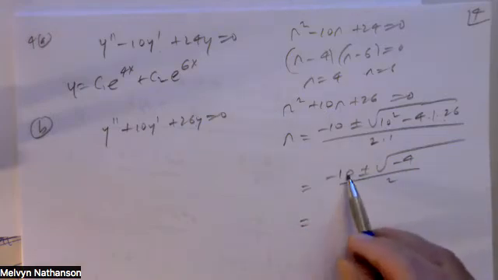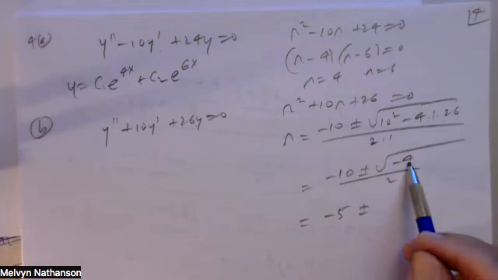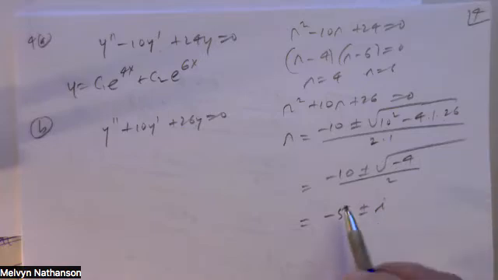Minus 10 over 2 is minus 5. Square root of 4 is 2, so this is 2 times the square root of minus 1. 2 over 2 is 1, plus or minus i. So we have two roots of the quadratic, minus 5 plus i and minus 5 minus i.